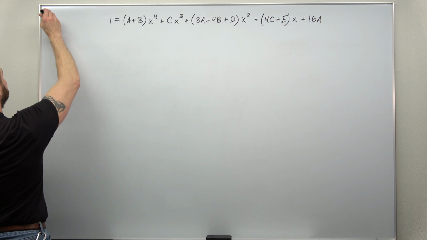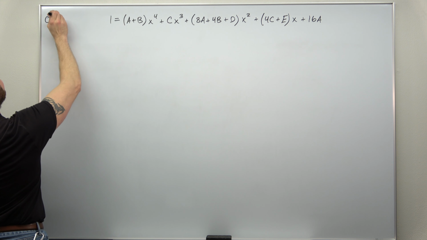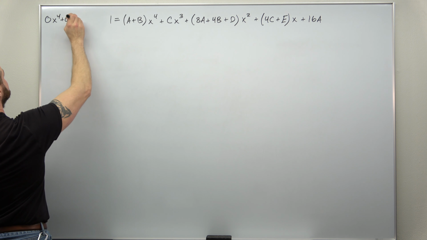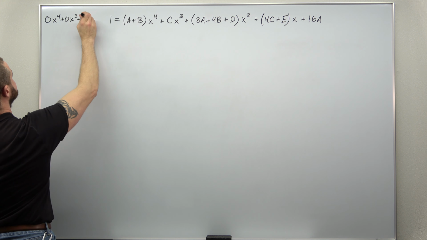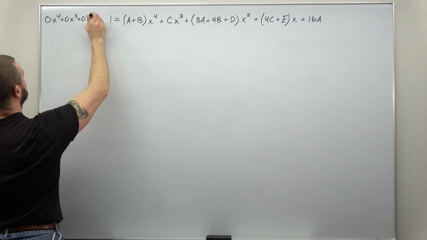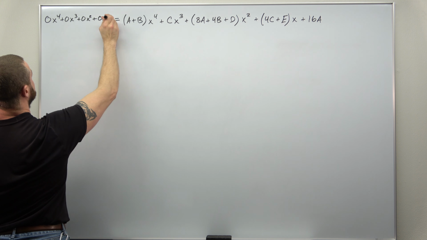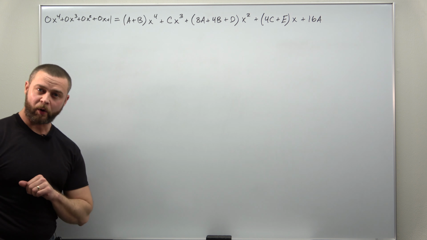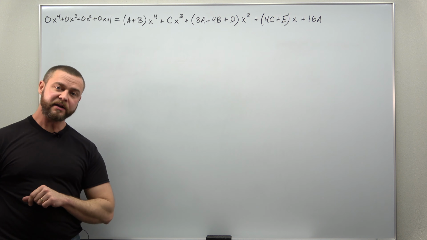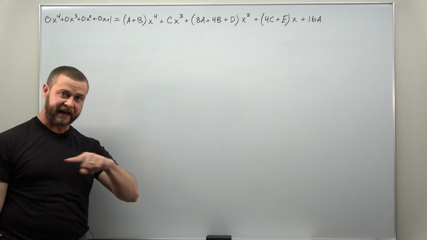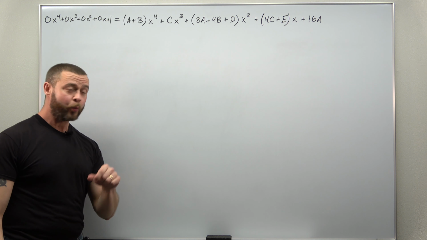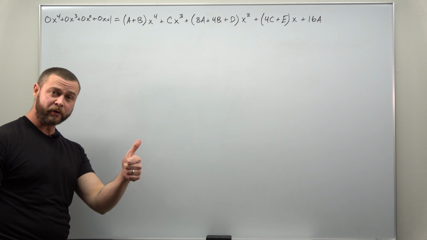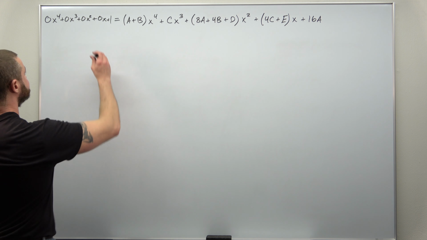So let me rewrite this as 0x to the 4th plus 0x cubed plus 0x squared plus 0x plus 1. And now we can start to equate coefficients of x on each side. We're going to start with x to the 4th powers and go down from there.